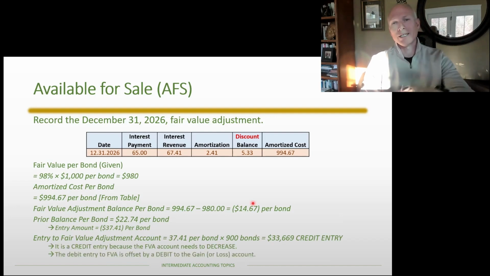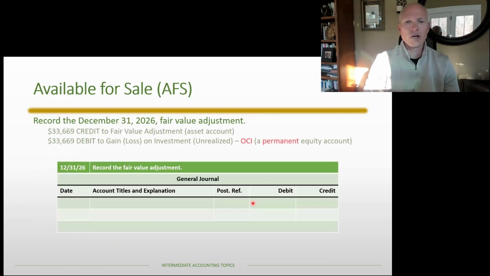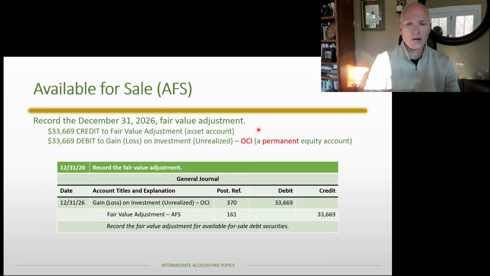That's going to be offset by a debit to that gain or loss account, taking that information directly from the calculations we just did. Noting that because this is available for sale, we're using that other comprehensive income account, that permanent equity account. Again, we debit the gain or loss and we credit the fair value adjustment account. My hope is that that journal entry is not too difficult.